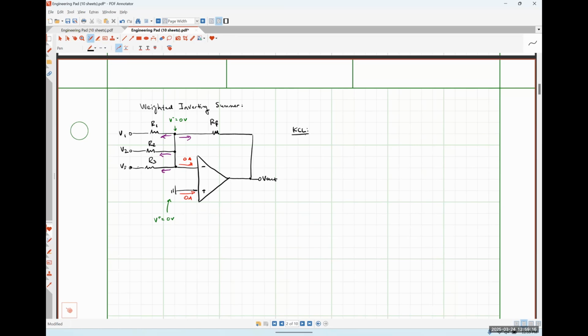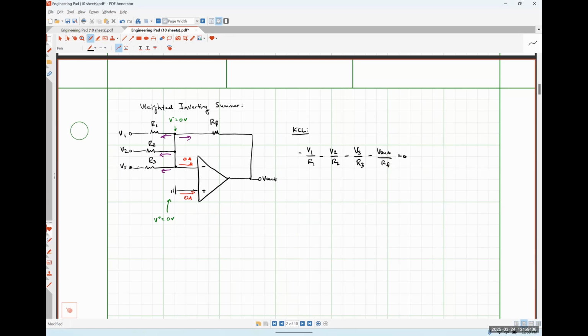So my KCL equation should look like negative V1 over R1 minus V2 over R2 minus V3 over R3 minus V out over RF is equal to 0.